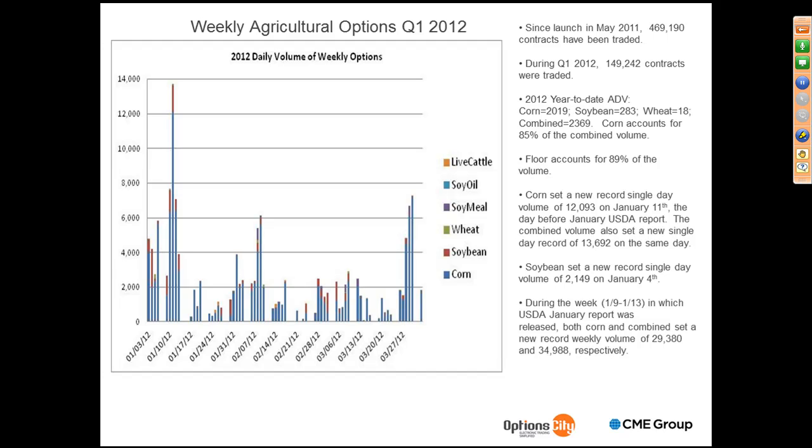Some of the key facts, if you look at the details on the right, you will see that the USDA crop report was in the week of Jan 13th this year, and then you have a following volume of 29,000 of corn options. So it's a very popular way of trading event-driven risk.